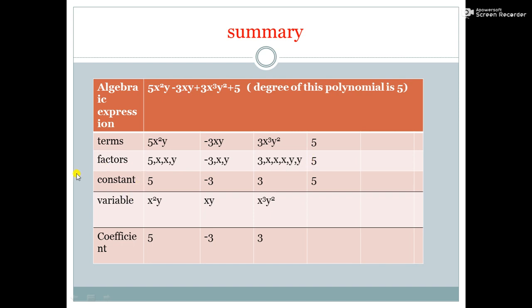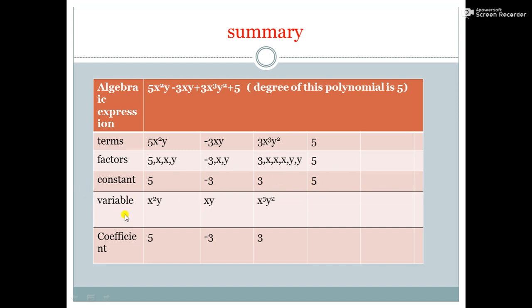And the constant of the first term is the number 5, the constant of the second term is the number with the sign, minus 3, the constant of the third term is 3, and the constant of the fourth term is 5.